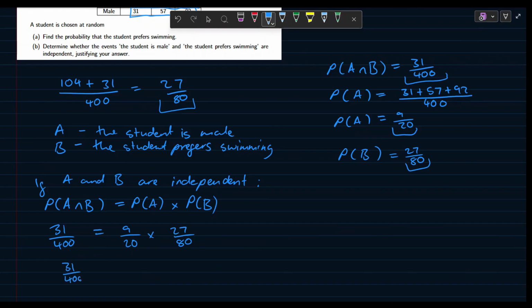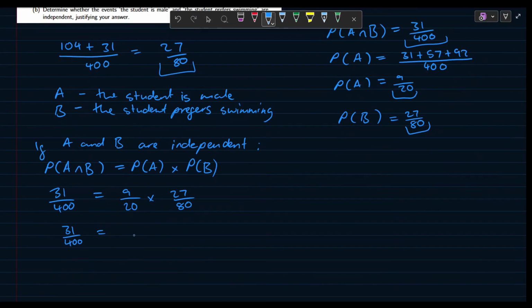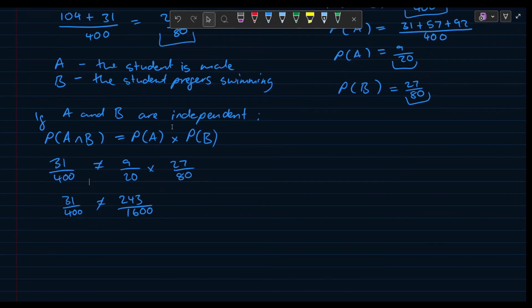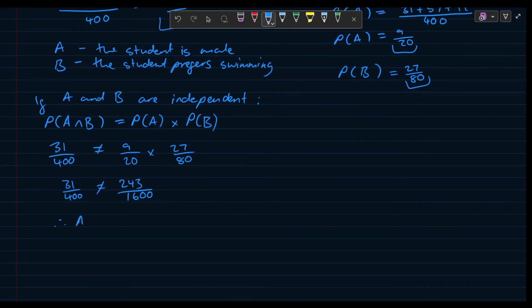On the left we've got 31 over 400, and then on the right we have 9 over 20 times 27 over 80, which gives us 243 over 1600, and this is not equal. So it means that therefore A and B are not independent. And so this is how you prove or determine whether events are independent or not.